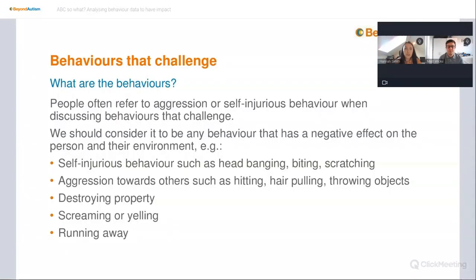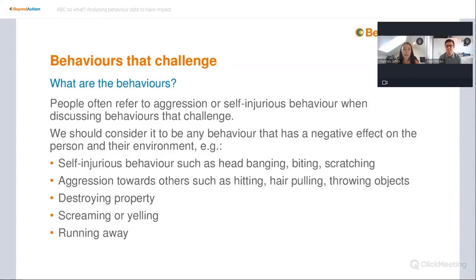The reason that we would use an ABC form is to understand behaviours that challenge. So what are these? People often refer to aggression or self-injurious behaviour when discussing behaviours that challenge, but we should consider it to be any behaviour that has a negative effect on the person and their environment, so those around them.